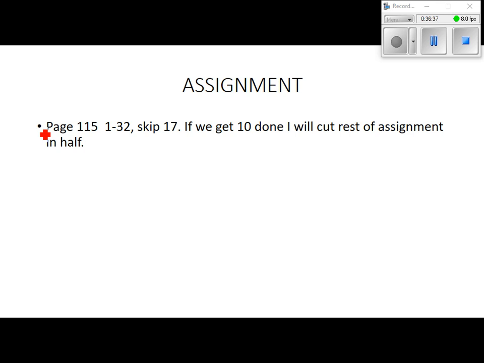We have a little more than 15 minutes. We can get 10 problems done in that 15 minutes. I'll cut off a whole bunch of the assignments. So the quicker you get a book out, and we can get started, the better for you.